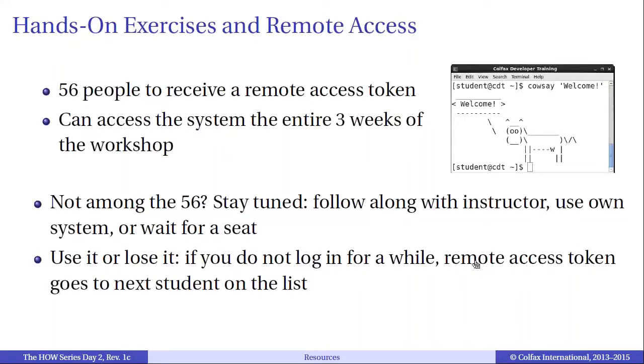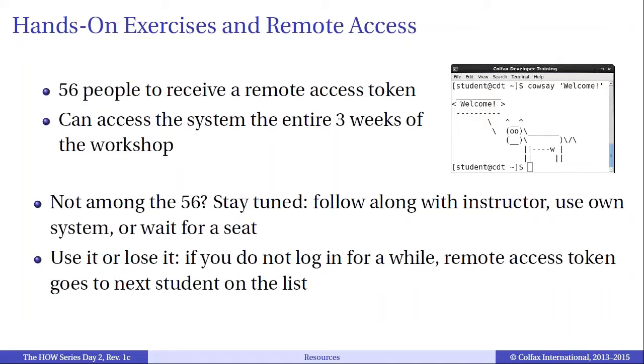We are providing remote access for the hands-on exercises. Yesterday I provided access to 56 people, and those people should have received an email message with connection instructions. If you have not received connection instructions yet, then you must be on the wait list.